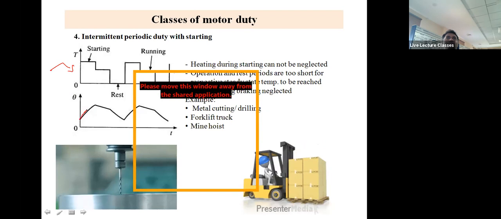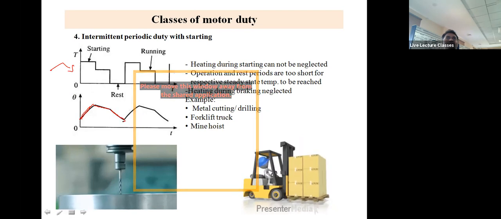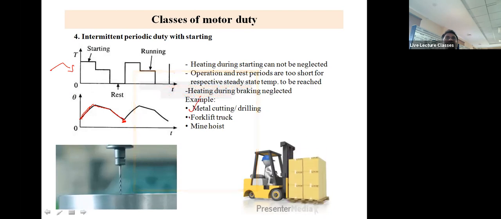So once it is started, it heats up and then the operation happens. During the operation, the temperature goes down a bit and then finally it is going down, but it is not reaching the zero state. Some temperature is definitely there. So it is like metal cutting, drilling, forklift.